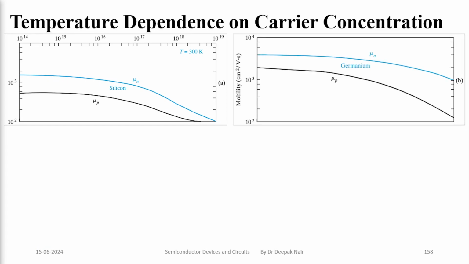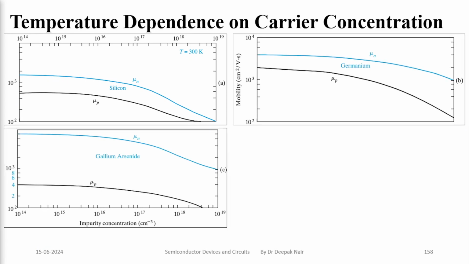These graphs show the effect of impurity concentration on the mobility of charge carriers in different semiconductors. The first graph is for silicon, the second is for germanium, the third is for gallium arsenide. On the x-axis we have impurity. If we keep on increasing the impurity, in this direction the impurity is increasing, then we can see the mobility, which is on the y-axis, keeps on decreasing.